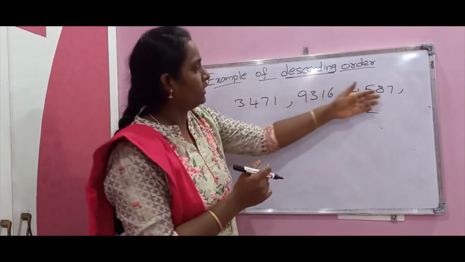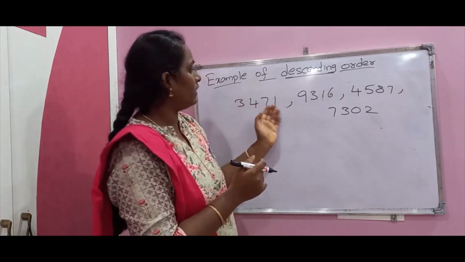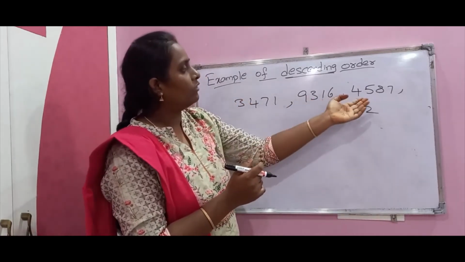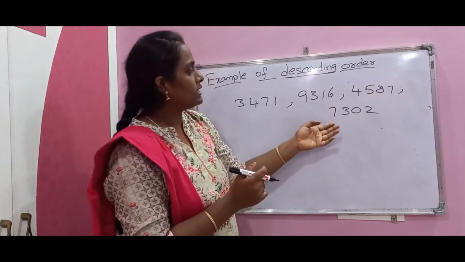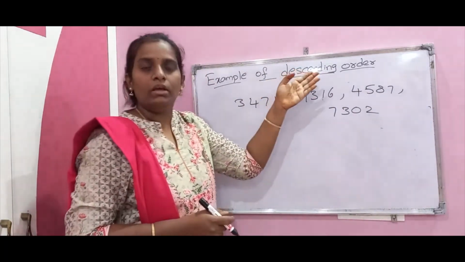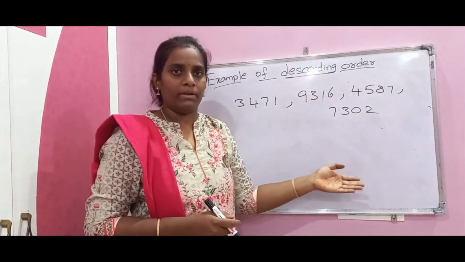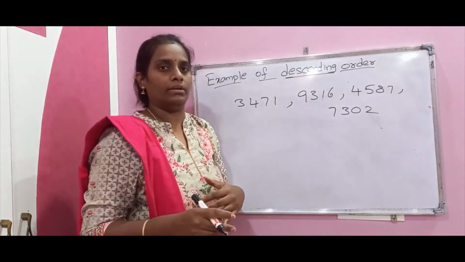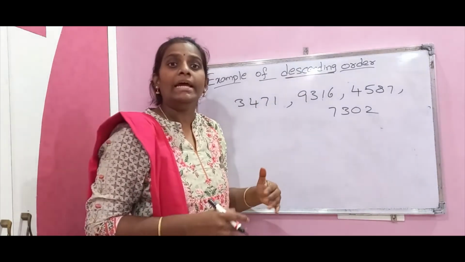I took 4 numbers, 3471, 9316, 4587, 7302. Descending order means largest number to smallest number. Means decreasing order. Descending order is also known as decreasing order.